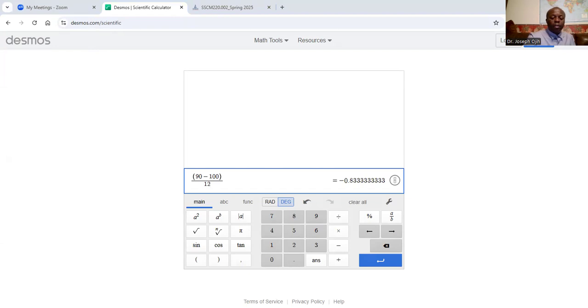Negative 0.83. Now let us transform x2 using z2. Z2 equals, our x2 is 120, not 129.